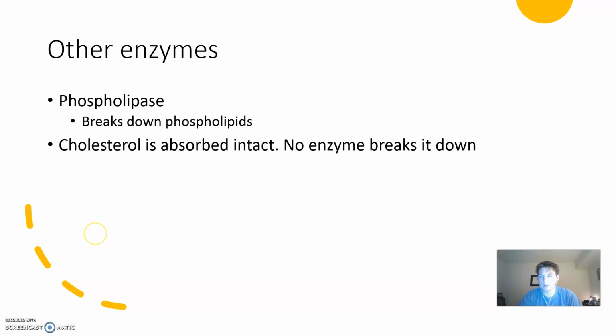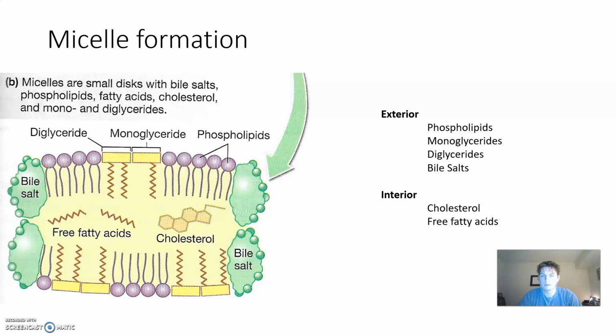There are other enzymes as well, called phospholipase, which breaks down phospholipids into more singular entities. Cholesterol is absorbed intact; there are no enzymes that break it down. So here's what happens once the enzymes get a hold of the fat emulsions. Micelles form. Micelles are small discs that are filled with fats.